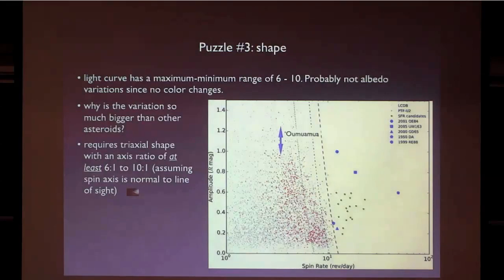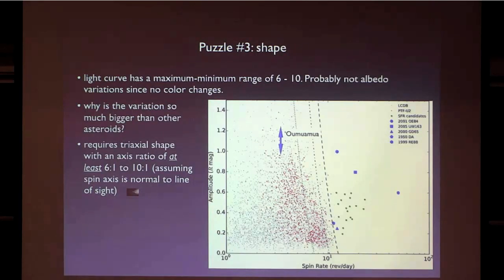The light curve has a maximum to minimum ratio of at least 6 to 10. That means that the body itself should have an axis ratio of at least 6 to 10. That is a lower limit because that assumes that the rotation axis is in the plane of the sky. If the rotation axis is tilted, you need an even bigger axis ratio.